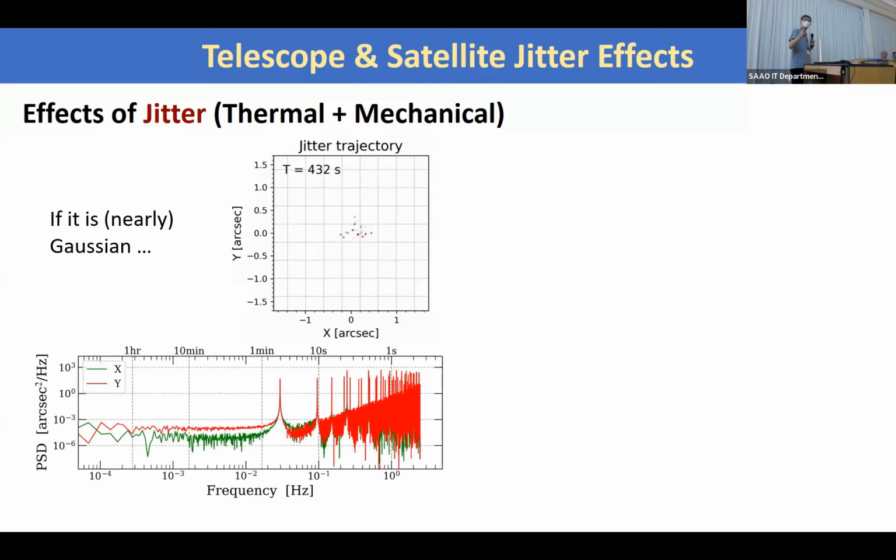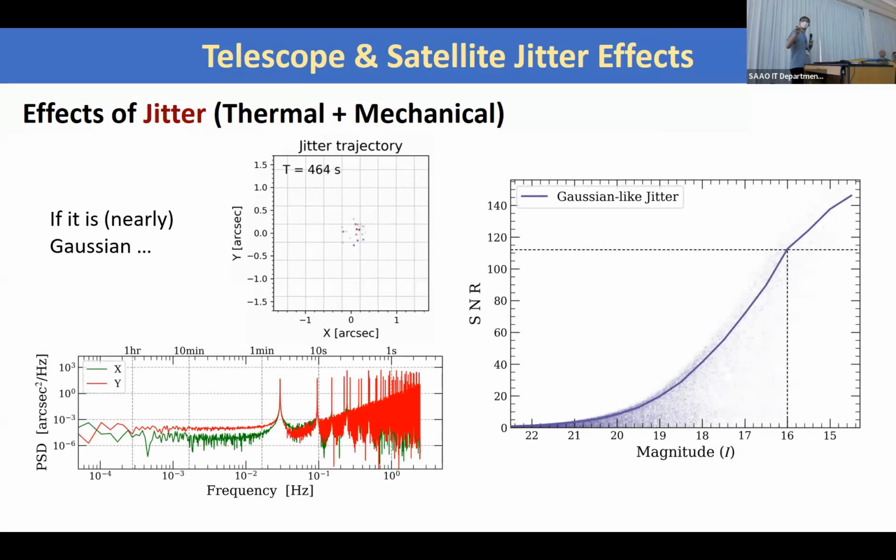So if the jitter is something like this, it's fine. We can get a signal to noise ratio like this, because we just expand the PSF a bit, but it acts symmetrically, and it doesn't break the consistency between different exposures.